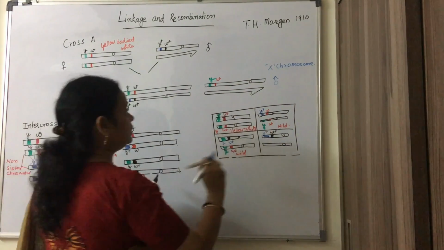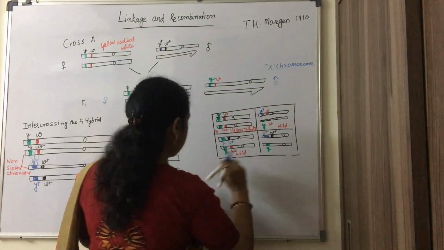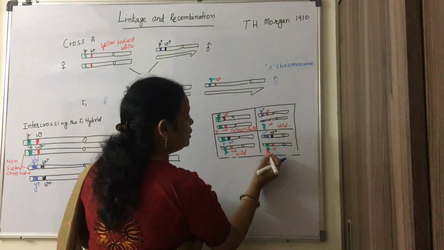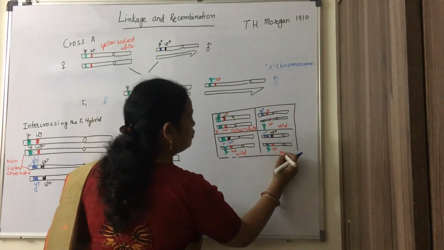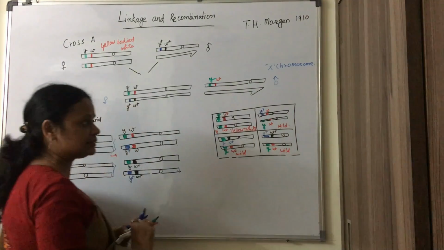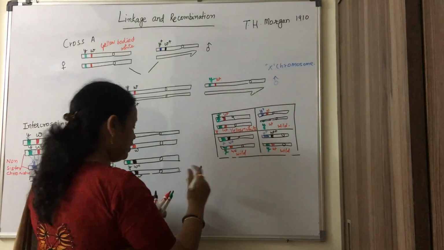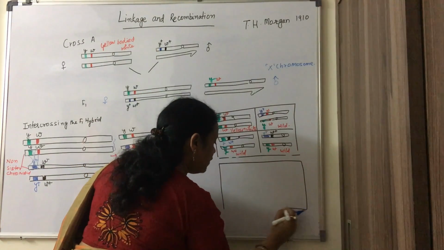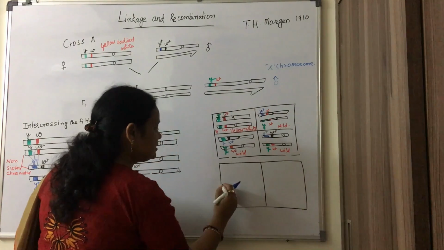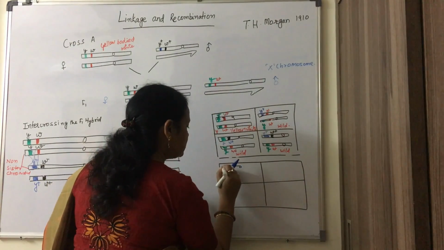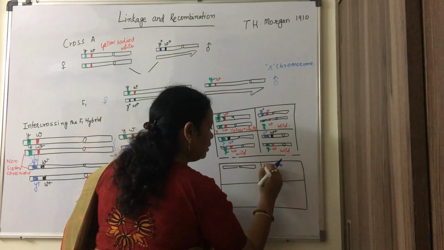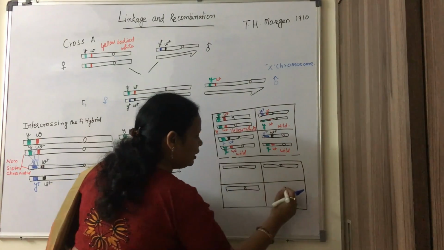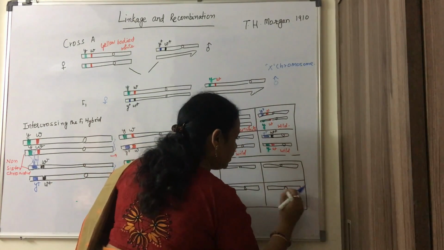Then this is Y and this one is W. So this Y plus and W plus, both are the wild type, like this. Now in another cross, if we have to take the cross with the Y chromosome, here you can see this is the X maternal, X maternal, X maternal, again X maternal.